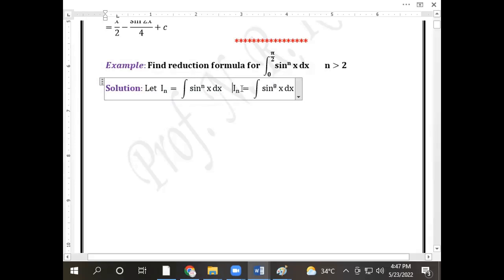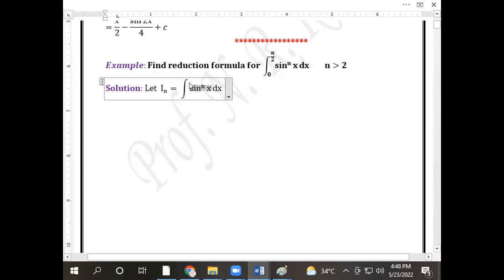Then we denote this term as I suffix 8. So the index of sin decides the suffix of I. So I n is the integration of sin n x dx, where the index of sin is n.